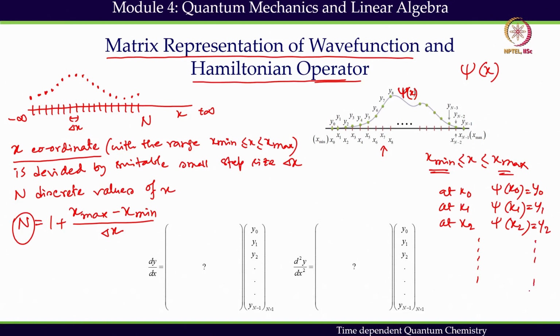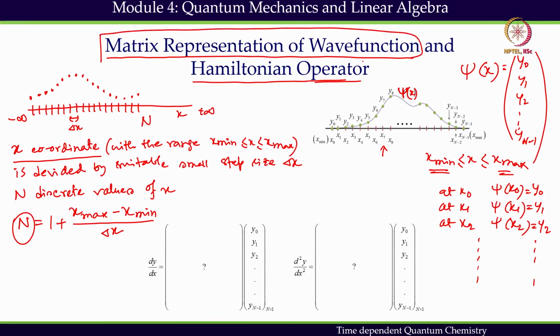These values can be represented in a column matrix, y0, y1, y2, like this, up to yn minus 1. And once we have discretized the wave function, we know the matrix representation of the wave function under grid representation. Under grid representation, the matrix representation of the wave function is a column matrix.